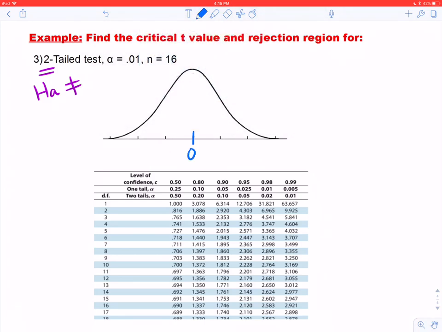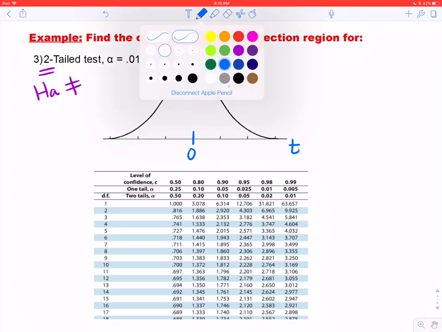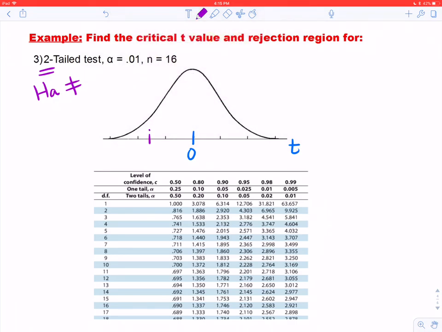So again, we remember from Z, when that happens, we have a rejection region that's split, half on the left side and half on the right side. In this one case, right, because our rejection region is split, we will look this up as a two-tail level of significance. So just for the two-tailed test, will you come down here to this bottom row?